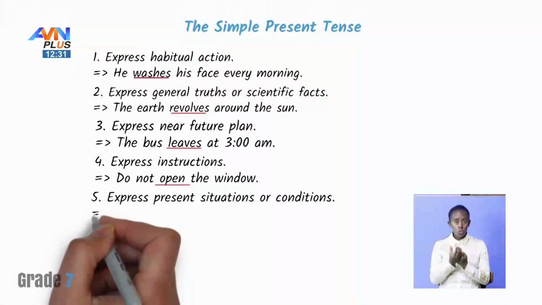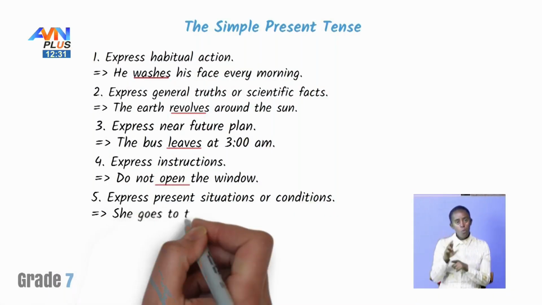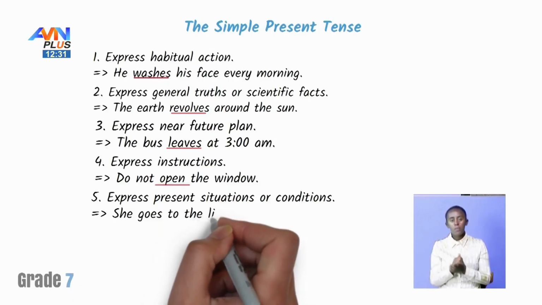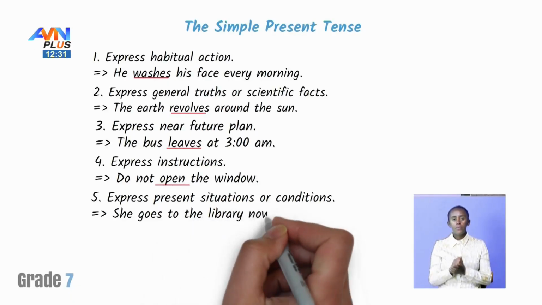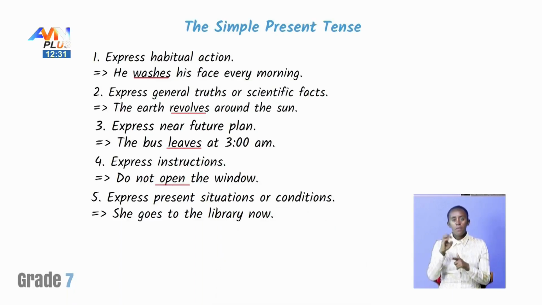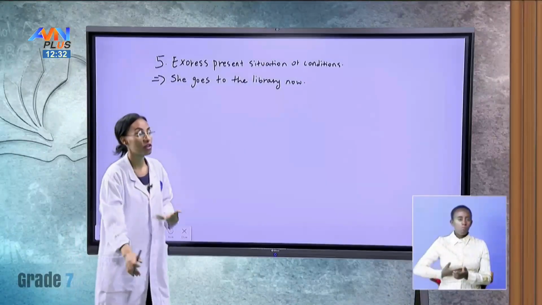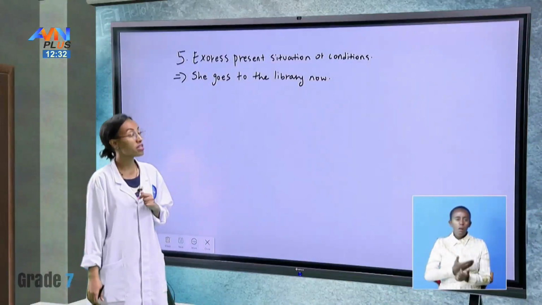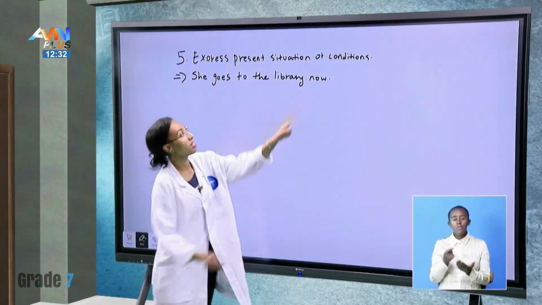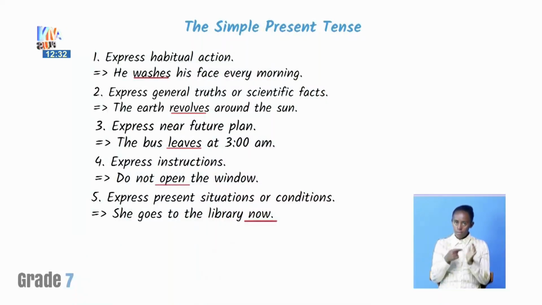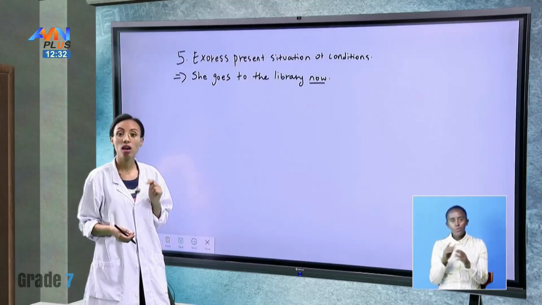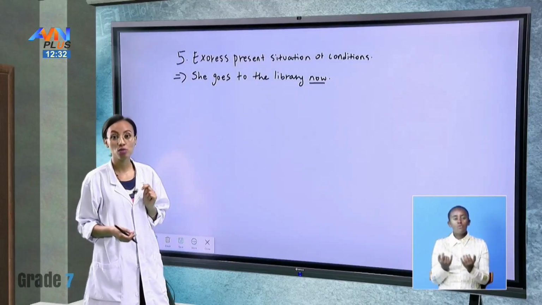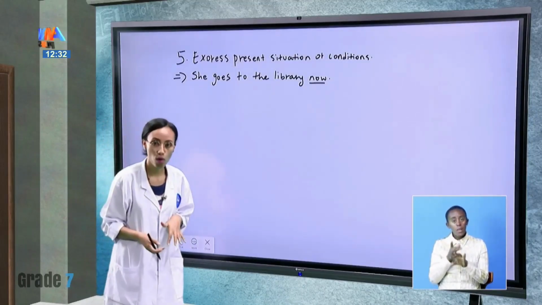For example, she goes to the library now. Or I am hungry now. She's hungry now. So this is what? We use the common time expression now to talk about something happening right now. The action, the situation is happening at the present moment.